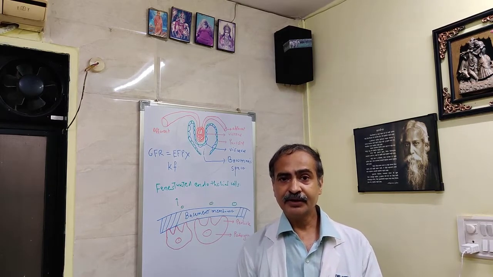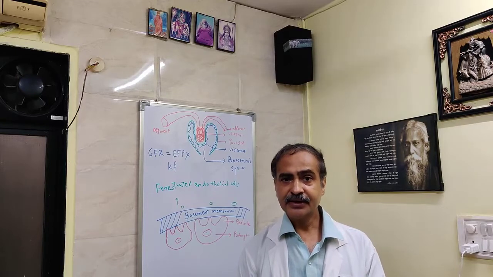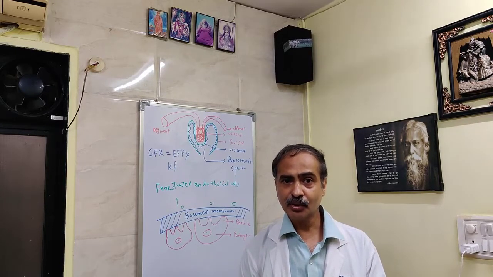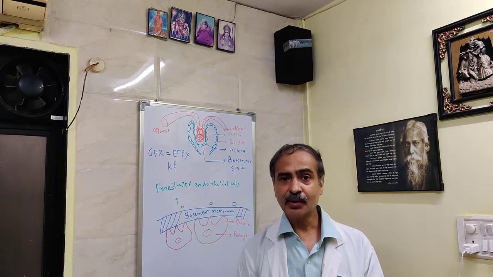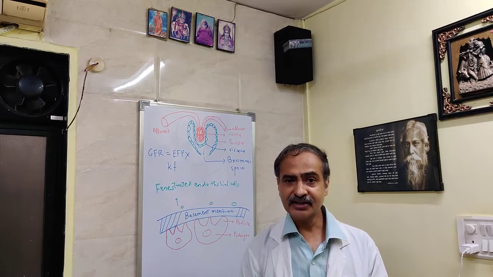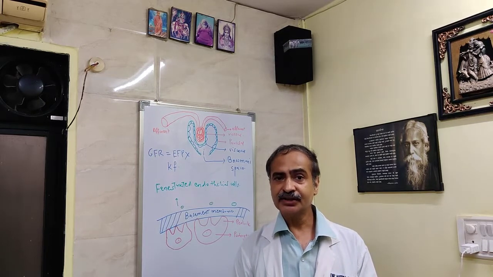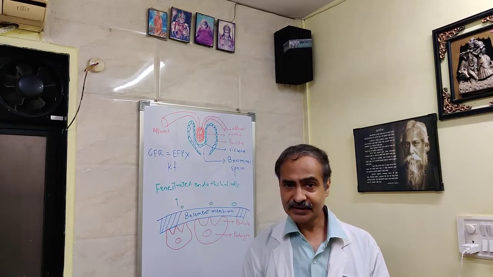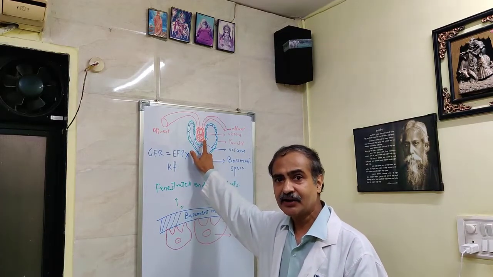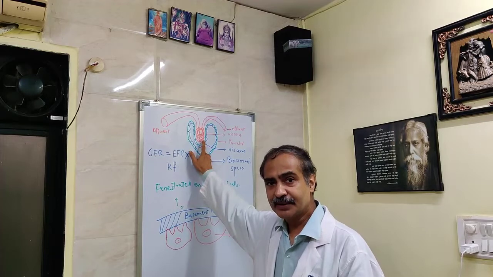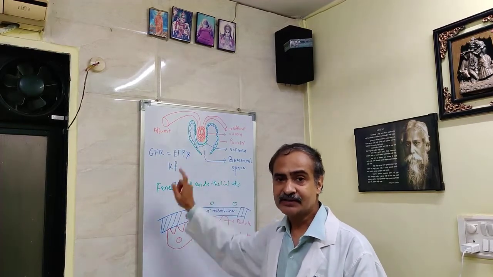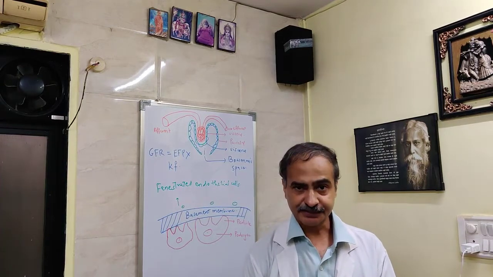But if we give a dopamine drip, in the dopaminergic dose, it will act on the afferent arteriole. This afferent arteriole dilatation will result in increased blood flow to the kidney, that is increased blood flow through the feeding glomerulus, and hence in spite of low BP there will be increased hydrostatic pressure across the glomeruli, thus maintaining the glomerular filtration rate.